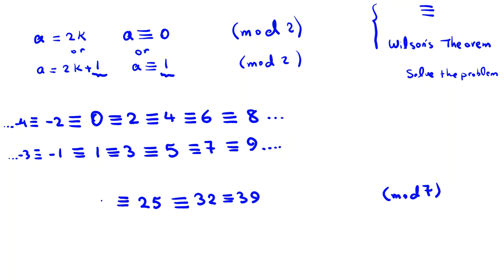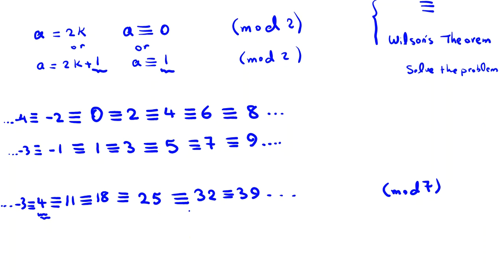And here you can subtract 7, it will be 18. Subtract 7, it will be 11. Subtract 7, 4. Subtract 7, -3. All of them have the same remainders, and the remainder is equal to 4 when divided by 7. So that's a good thing: we can add 7 or subtract 7 from the numbers when we want to consider mod 7.